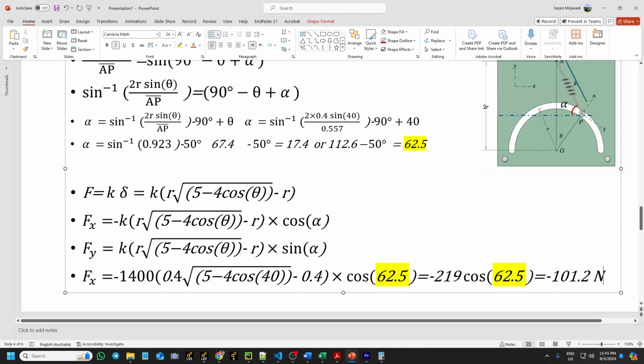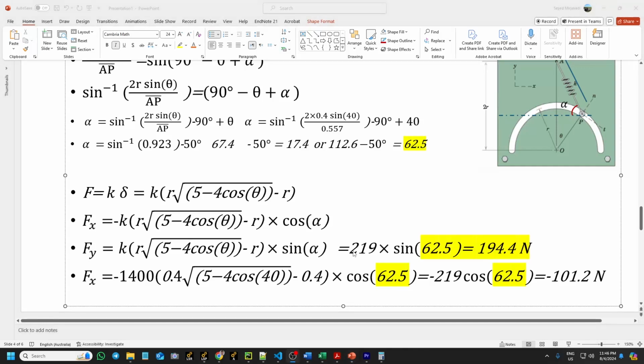Okay, the next one is easy. Fy is 219 times sine 62.5 degrees, which will be 194.4.